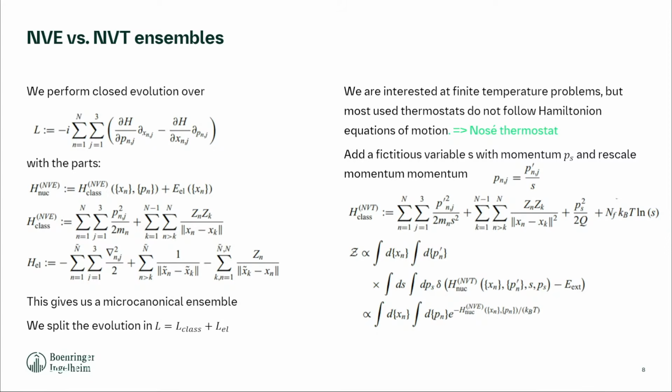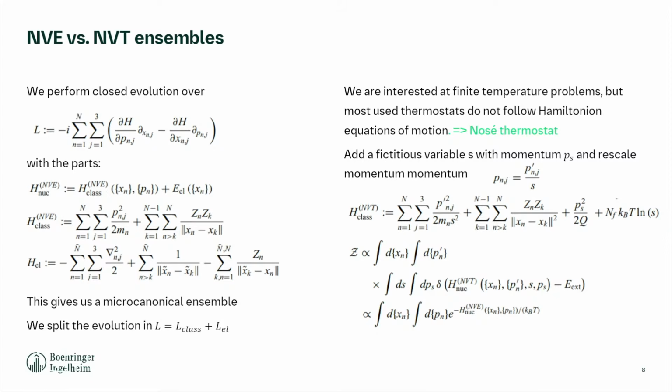So what we actually want in nature is either constant temperature or constant volume calculations. For things in the body where you have a lot of water, these ensembles are basically similar.